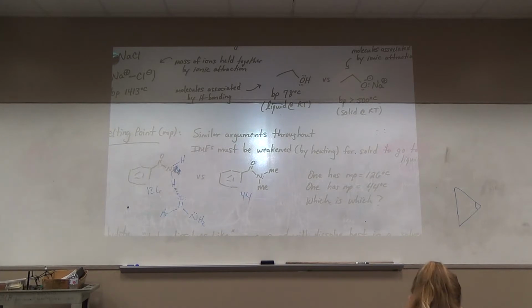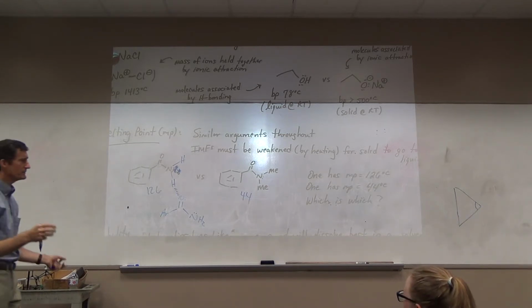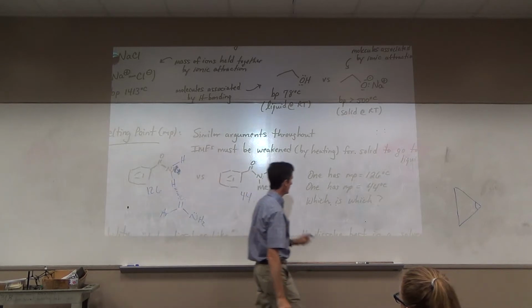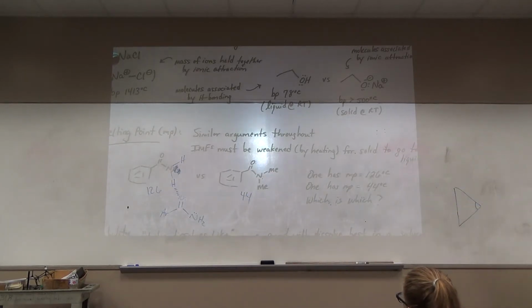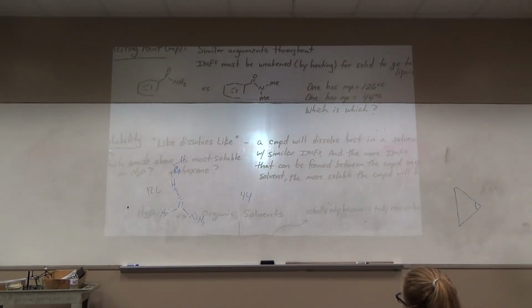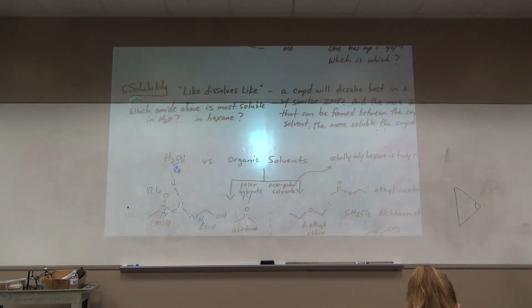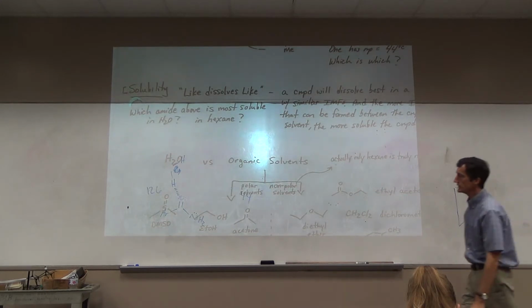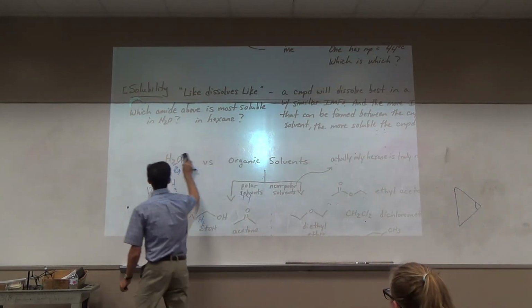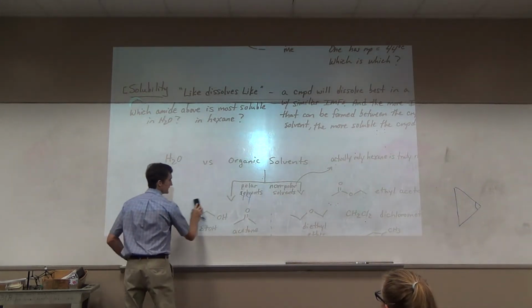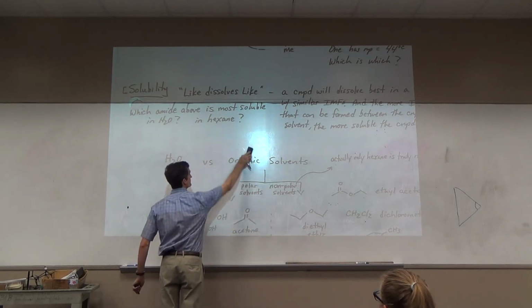It's like asking two pieces of the sticky Velcro to stick together. No, you need two different types of Velcro: sticky and fuzzy, or loopy and fuzzy. Hydrogen bonding: you have to be able to recognize it and the consequences of it. Melting point has the same considerations as boiling point, basically evaluating your IMFs.